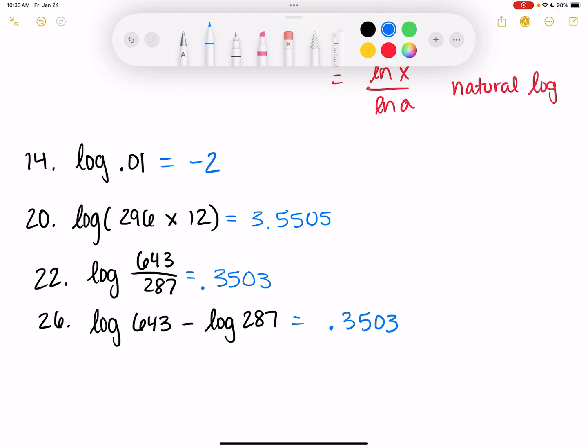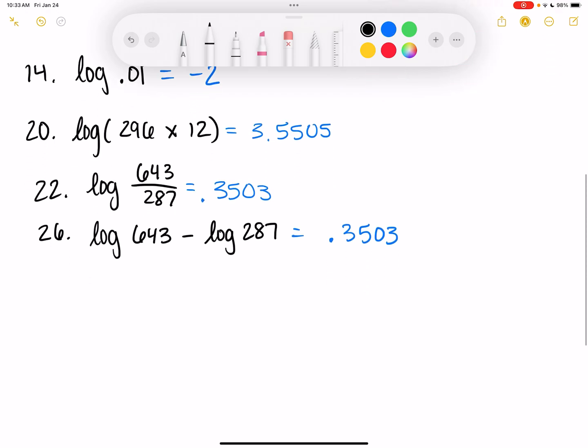Let's see, the next thing, find each value if applicable, give an approximation to 4 decimal places. So some of these we'll need our calculator, some of them we may be able to just use a property. So again, I'm going to go ahead and write both of them. So 46 is the ln of e to the 5.8.